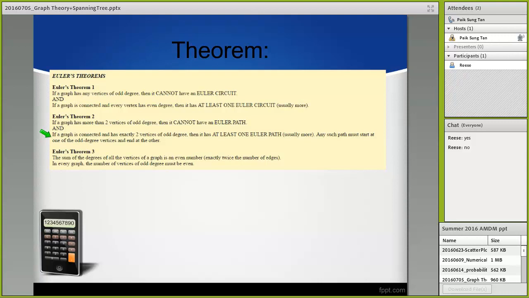Any such path must start and end at particular vertices. Okay, this is a very important point. If you have 2 odd degree vertices, then to have the Euler path, you must start at one of the odd degree vertices, and then you will end at the other odd degree vertex. That is the Euler path, because the Euler path doesn't require us to start and end at the same vertex.